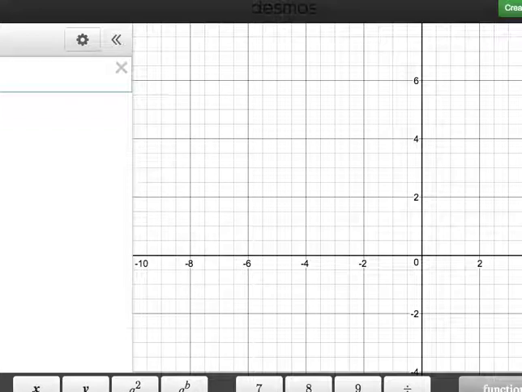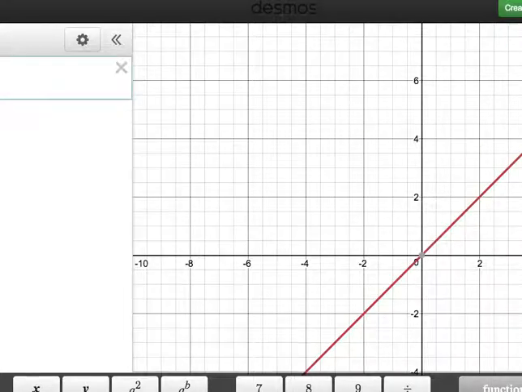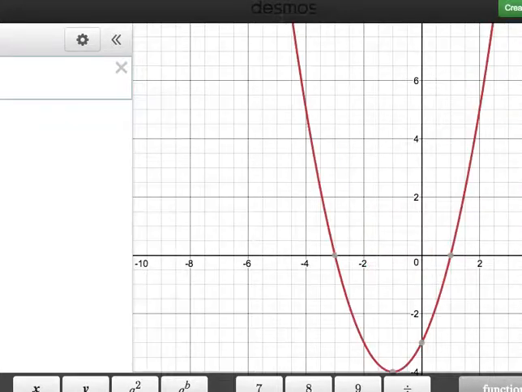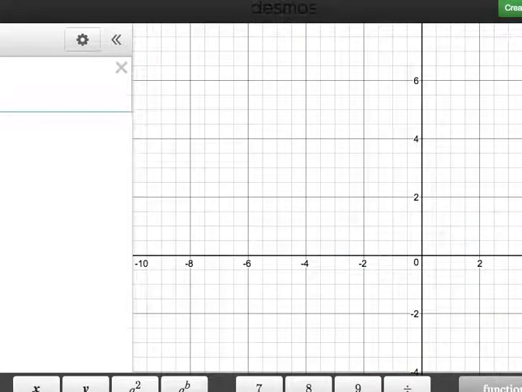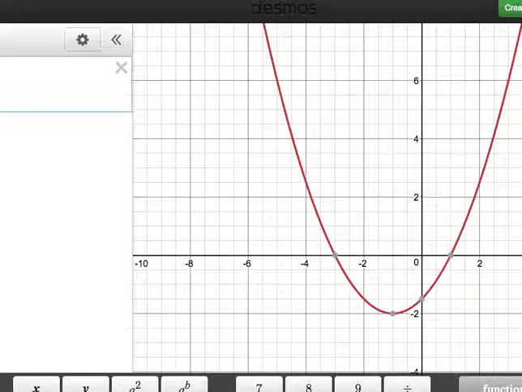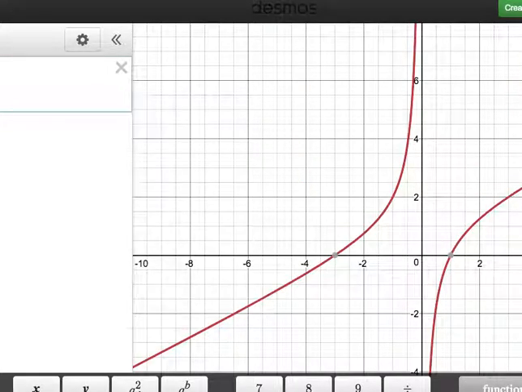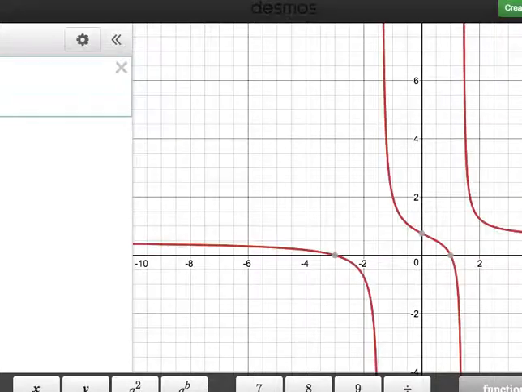Type in y equals, I'm going to do x squared plus 2x minus 3 as my first one, divided by 2x squared minus 4x.